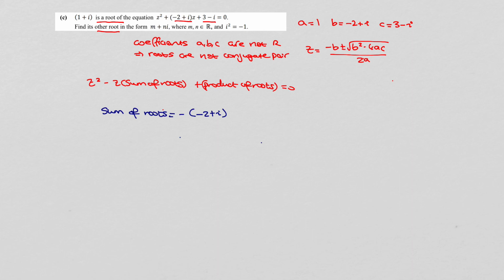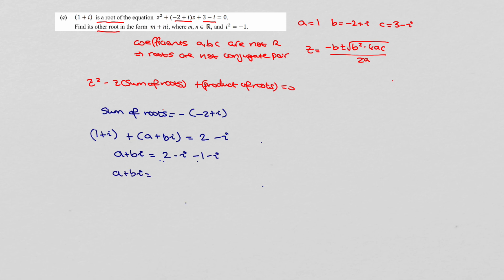But of course, if one of the roots is 1 plus i, and if we call the other root a plus bi, then they must sum to give me minus 2 plus i. So if I get a plus bi on its own there, that would be minus 2 plus i, and if I subtract 1 plus i from both sides, I get minus 3.